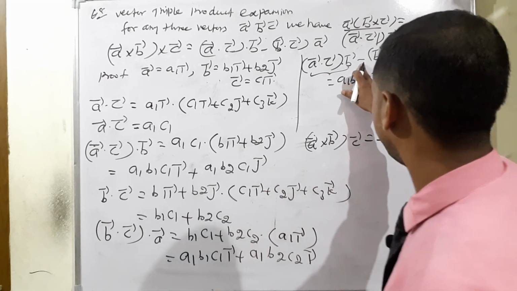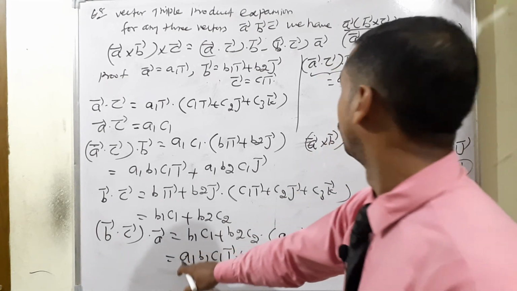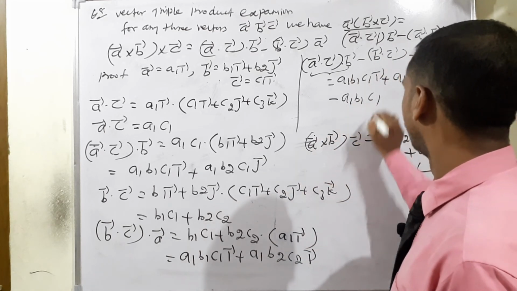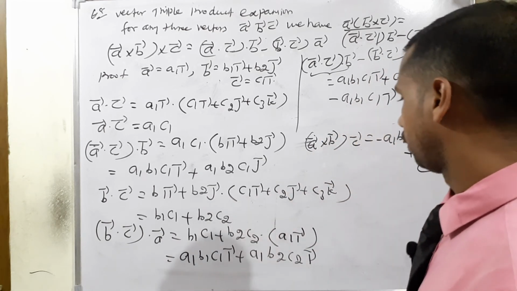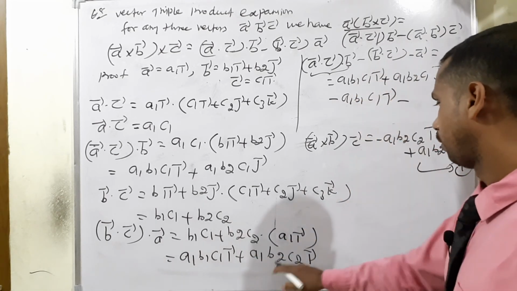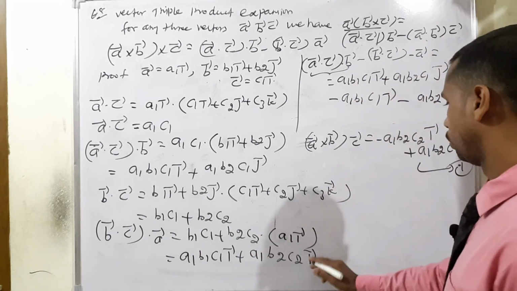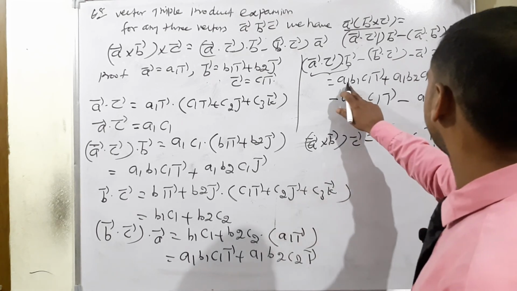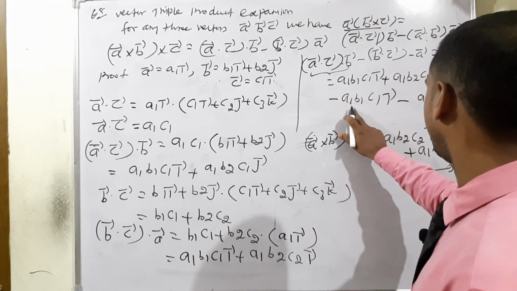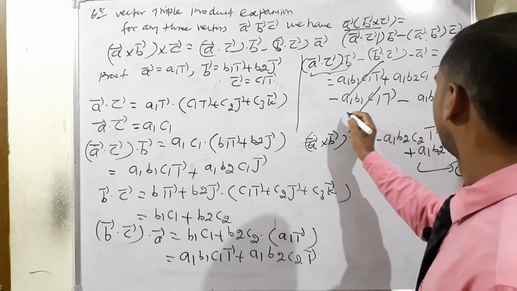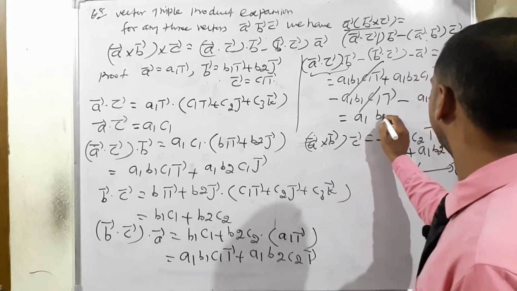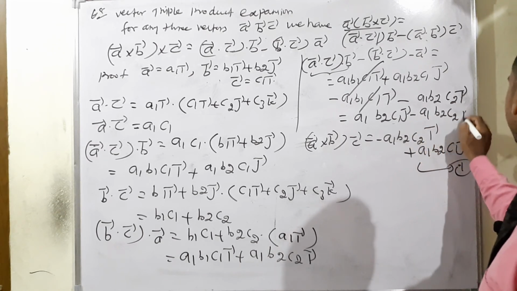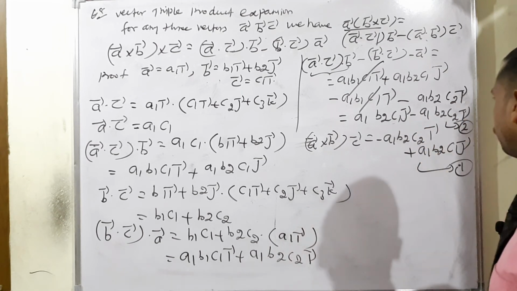Then minus: the plus here becomes a minus sign, so minus of A1 B1 C1 I vector, and here also minus of A1 B2 C2 I vector. Now look, first one positive A1 B1 C1, here negative A1 B1 C1, we can cancel it. After cancellation only A1 B2 C1 j vector minus A1 B2 C2 I vector. This is considered equation number 2.